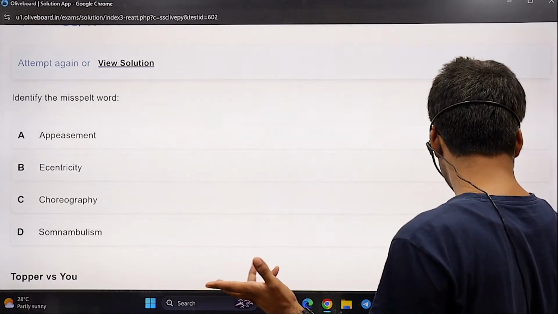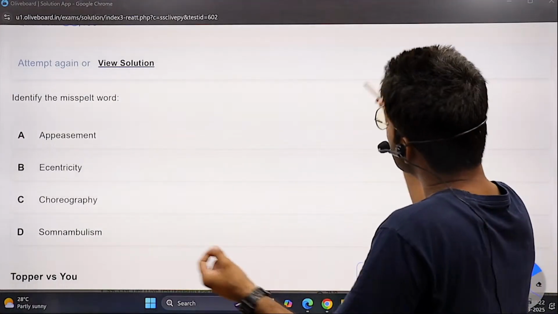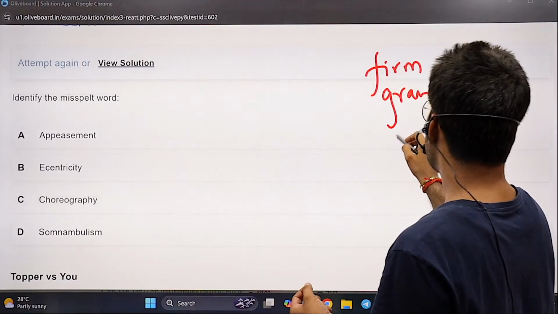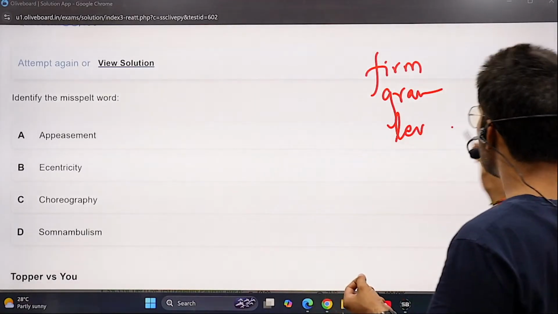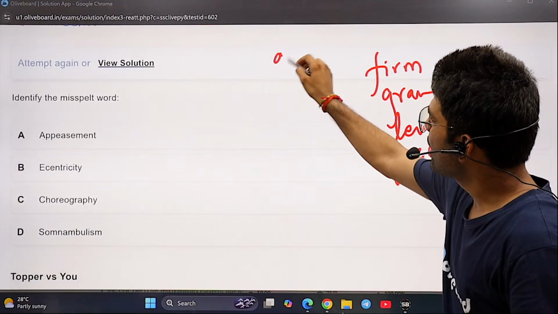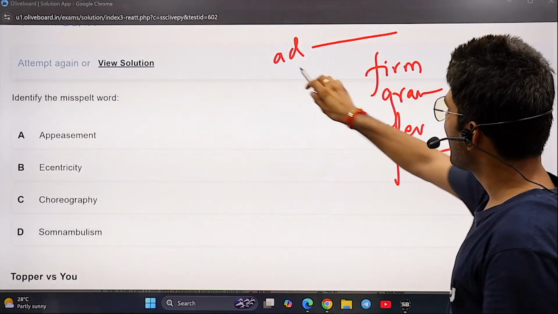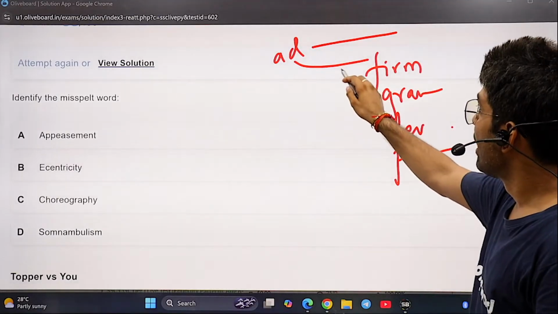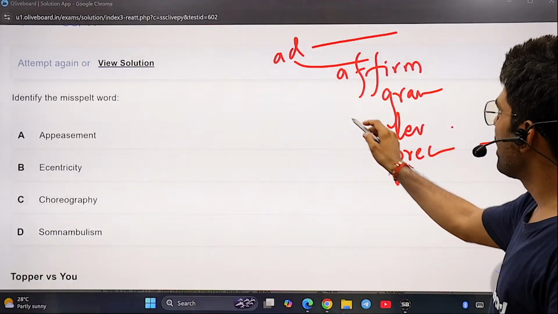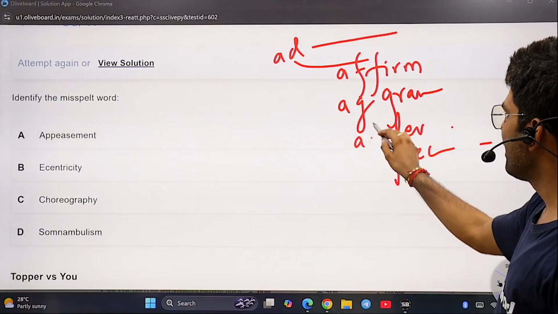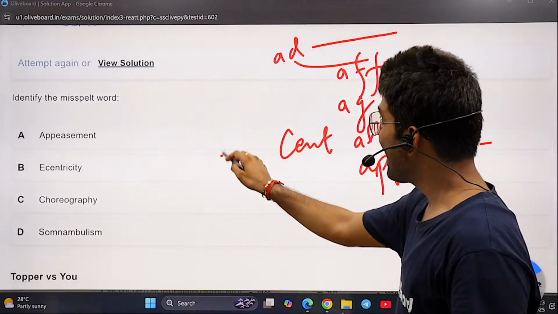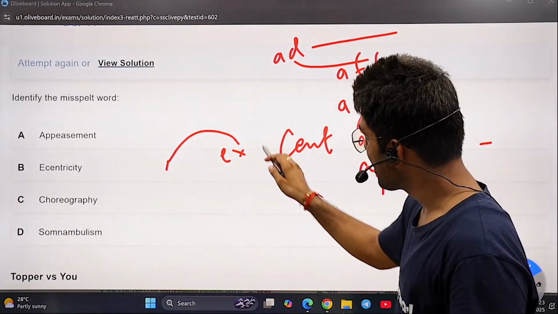Appeasement is fine. We have many words in English like firm, like grave and gravate, like levity, levitating, like precious, preciate, and we put the same root prefix ad at the beginning, and that d becomes the letter itself. Affirm: this ad becomes f. Firm with this ad becomes affirm. Grave becomes aggravate, alleviate, appreciate, and such. So centered, putting x before that, and this x becomes c because of c.